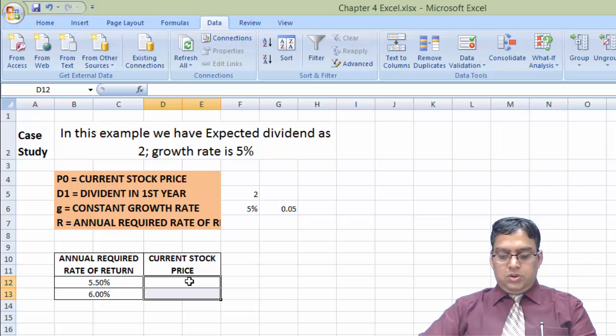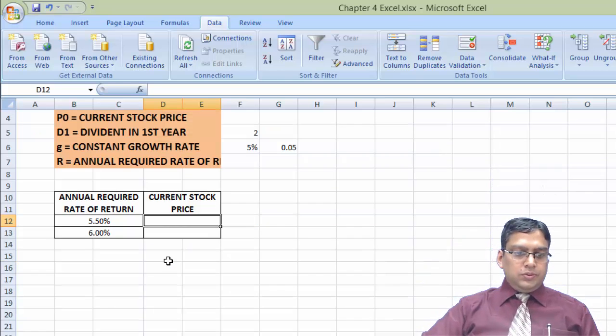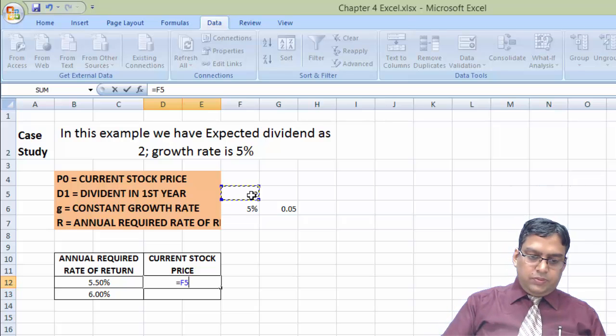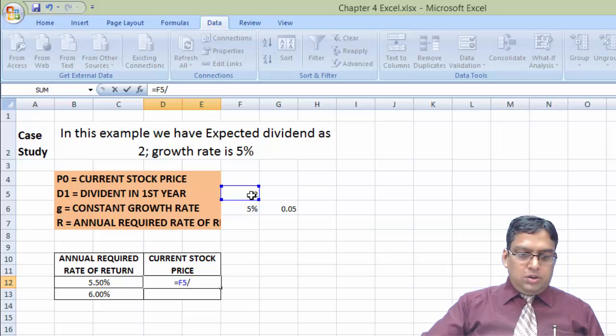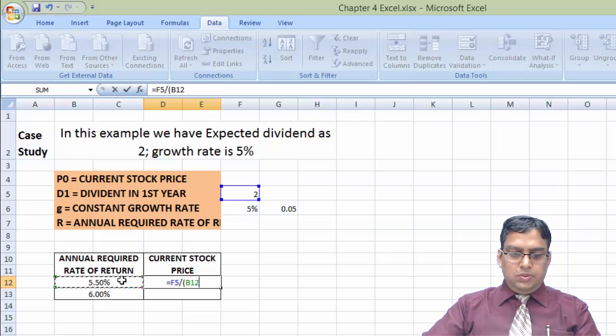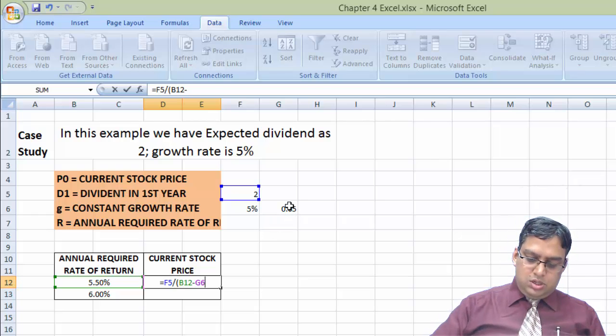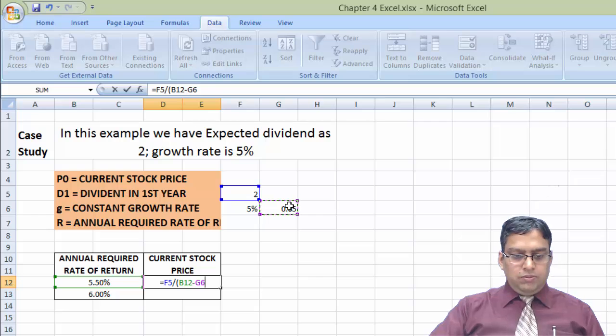Current stock price equal to F5 divided by B12, subtract constant growth rate, that means G6.